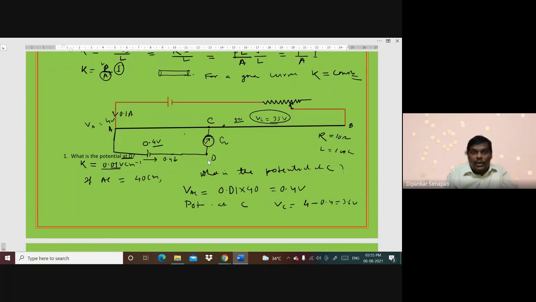But if no current flows through this, it is the result of there being no potential difference.